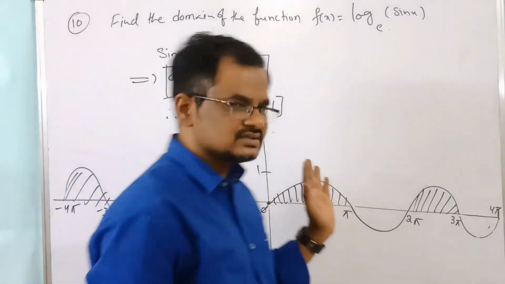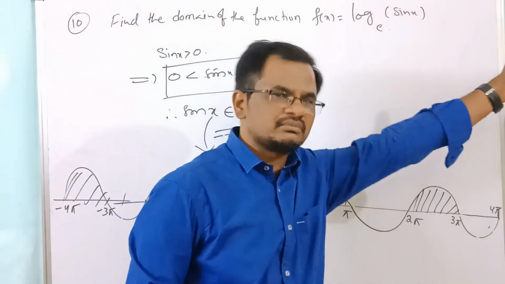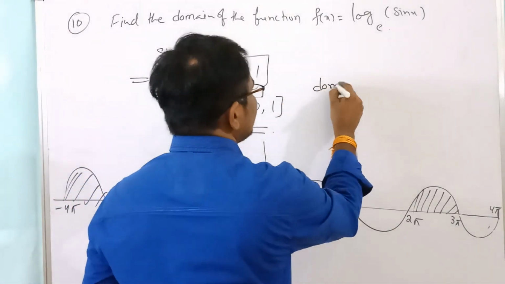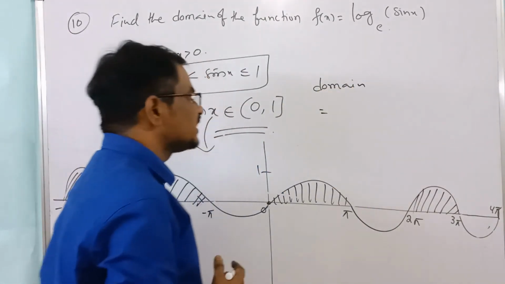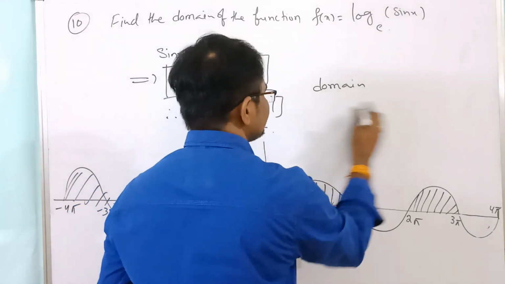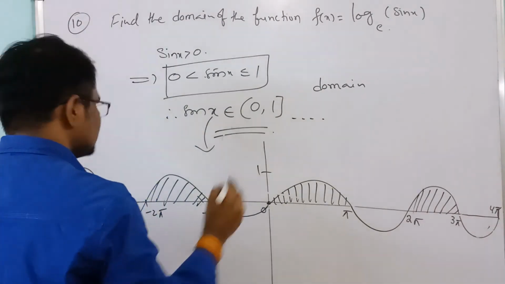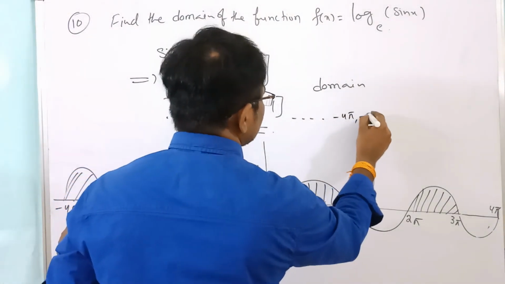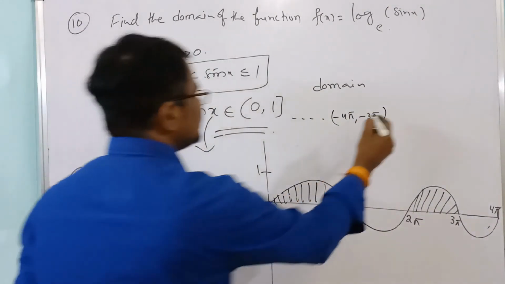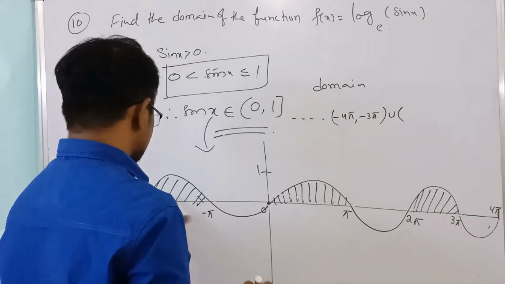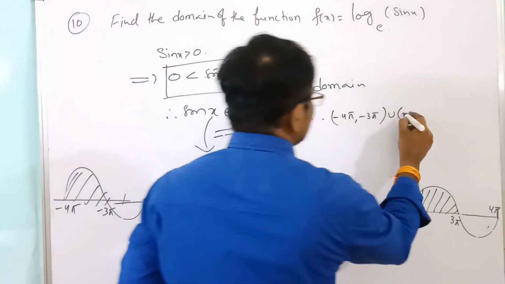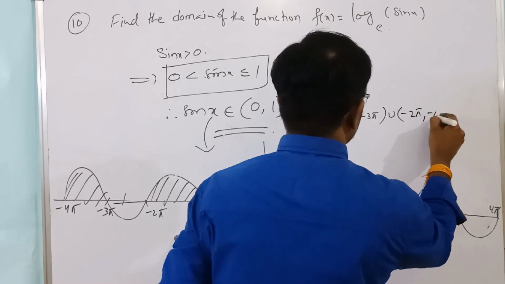How many are there? Because the domain of the sin x function is the real numbers, many intervals are there. What are they? So the domain is x belongs to, and so on, many are there. Here minus 4 pi to minus 3 pi, so this is one interval. Union, here also one more interval where it is positive, because greater than 0 means positive: minus 2 pi to minus pi.